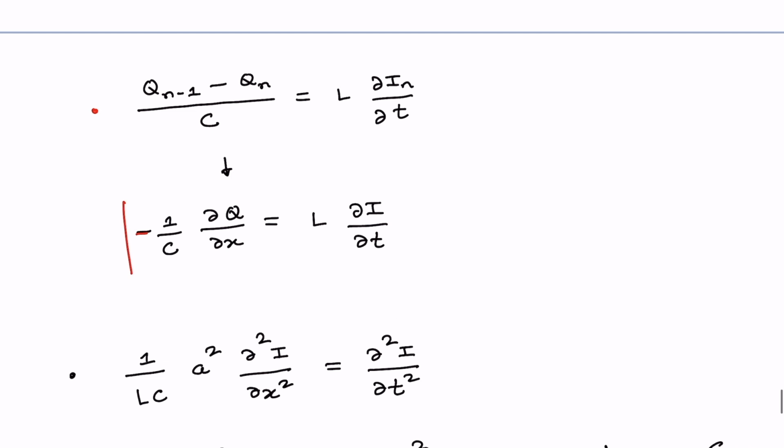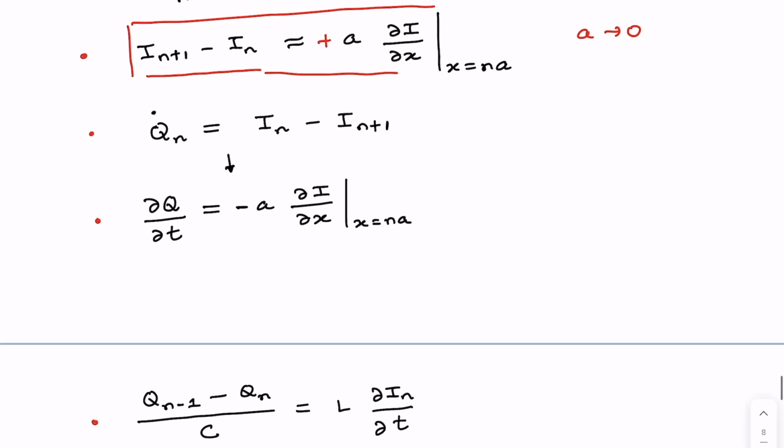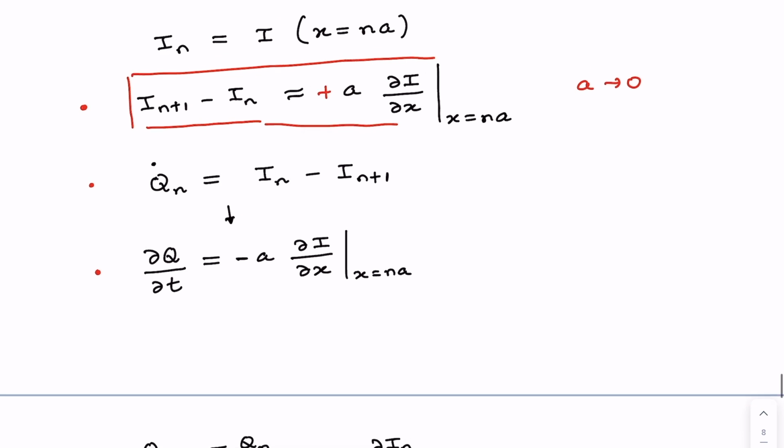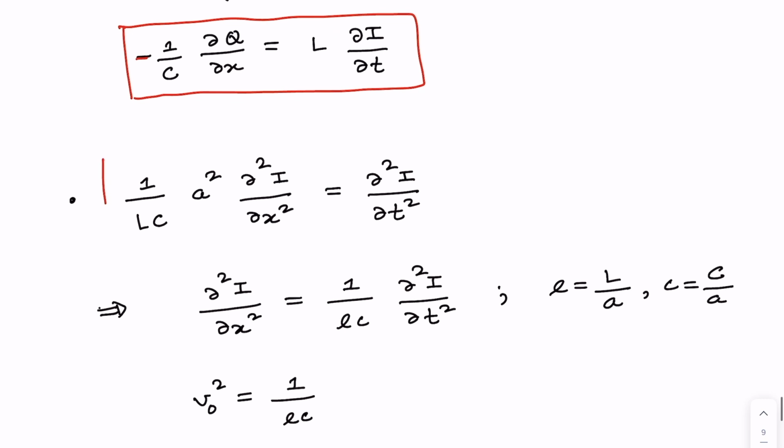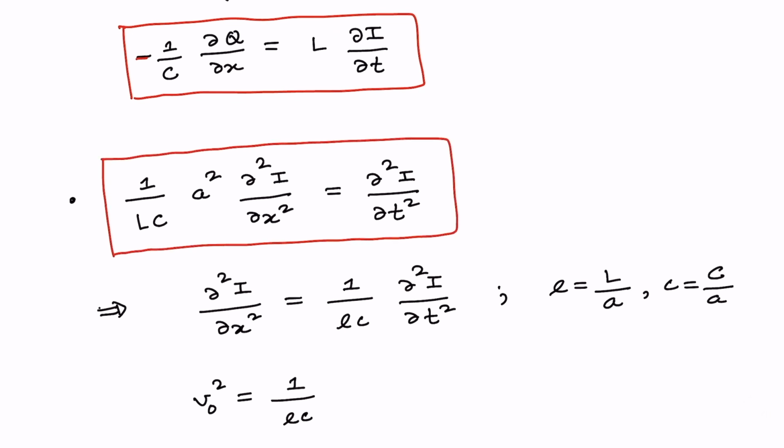So using this equation which we have got from the voltage drop equation, and this equation which we have got from the charge conservation, using these two equations one can easily obtain this second order differential equation for the current. And I will urge you to get this equation. It's very simple and straightforward.